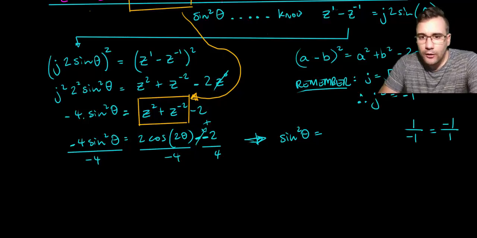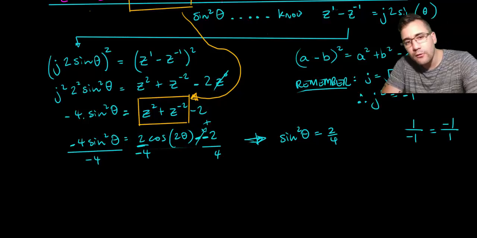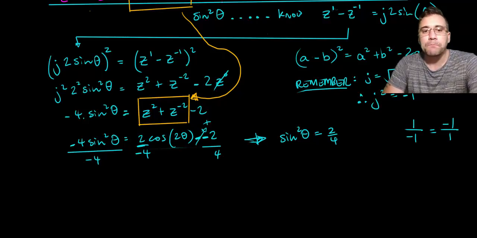Okay, so we've got 2 over 4, and what about here? We've got 2 over negative 4, right? Because of our order of operations, we've got 2 times cosine 2 theta, and we could divide the whole thing by negative 4, or we can do 2 divided by negative 4 times cosine 2 theta. That's fine. Same thing. So we can do the same thing over here.